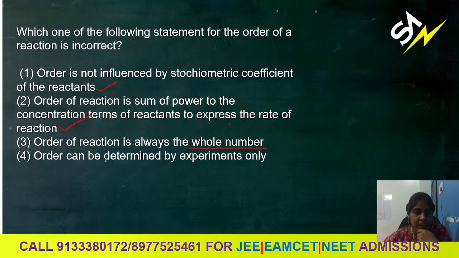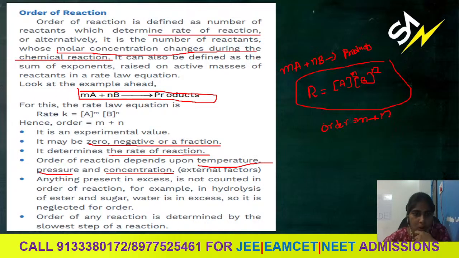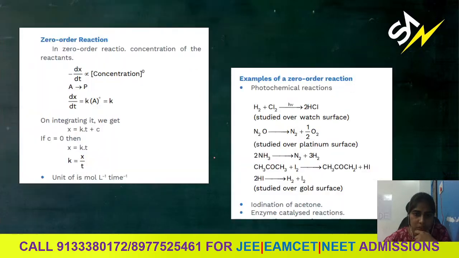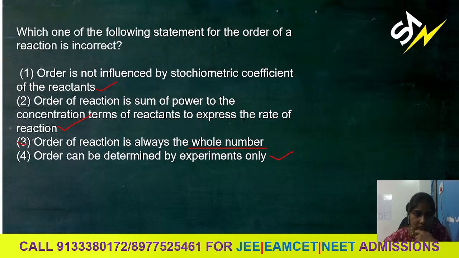Order can be determined by experiments only. Yes, it is the experimental value. And the third option: order of the reaction is always a whole number. No. Order of the reaction may be 0, negative or a fraction. So the answer is 3. This is the incorrect statement about order of a reaction.